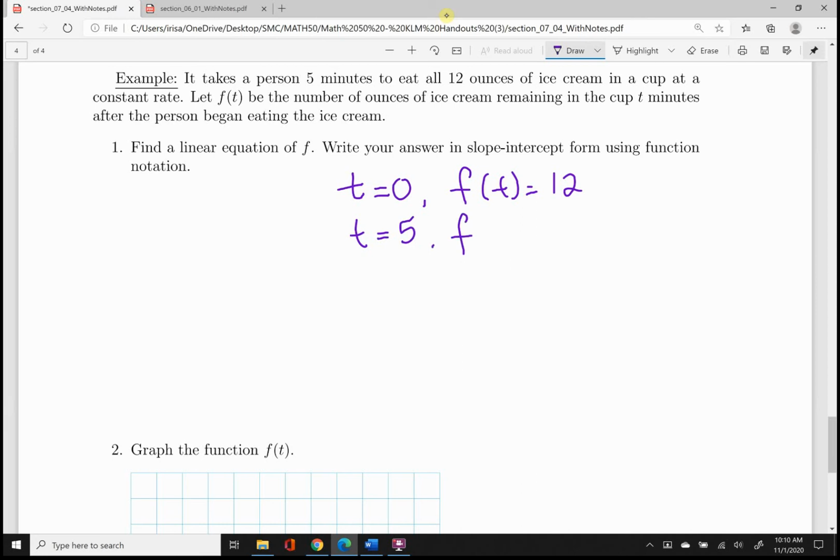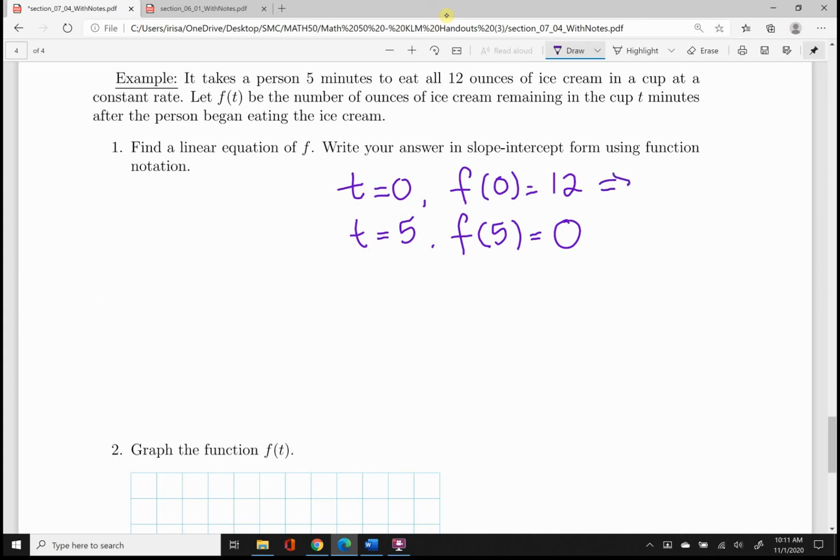Then how much ice cream should we have left? Oh, sorry, let me put the inputs inside of the function. That's the correct notation. My bad. So f of 0 is 12. F of 5, after 5 minutes have elapsed, according to the situation, all 12 ounces should be eaten. So there should be no ice cream left at all. Okay, so we can use these two ordered pairs.